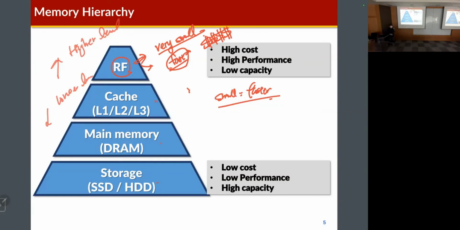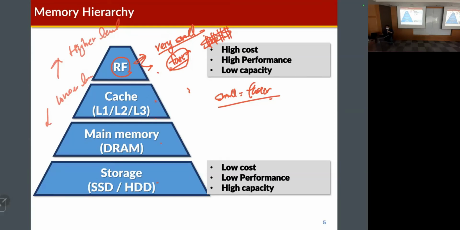But if we increase the size of this SRAM, the speed becomes very slow. That's why the size of the register file is very small, because the processor requires a very fast register file with high performance.